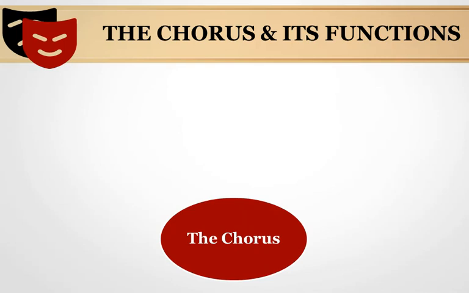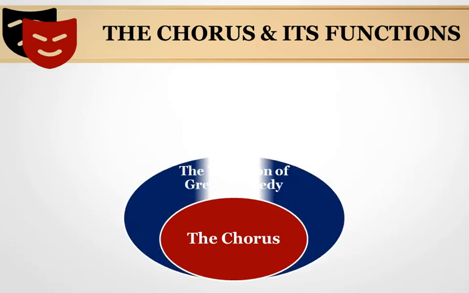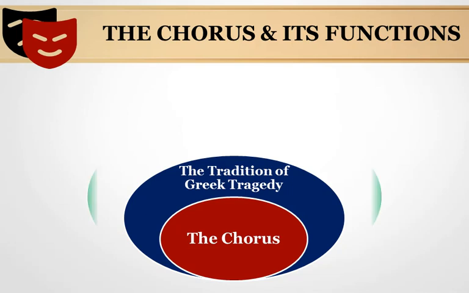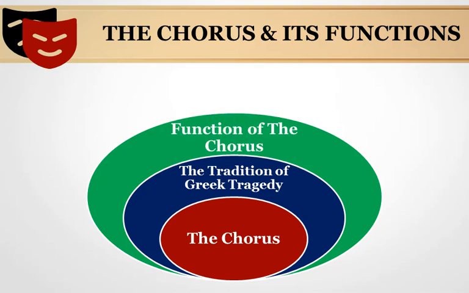The chorus's introduction to the play links Dr. Faustus to the tradition of Greek tragedy, in which a chorus traditionally comments on the action. However, here the chorus not only gives us background information about Faustus's life and education, but also explicitly tells us that his swelling pride will lead to his downfall.